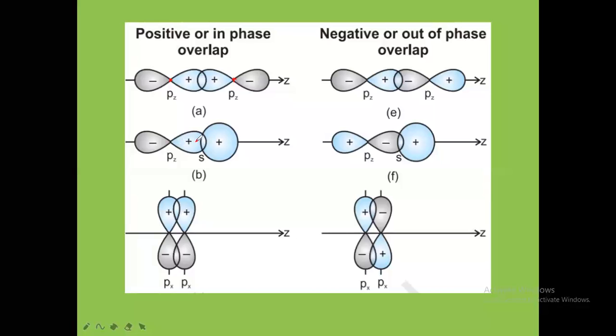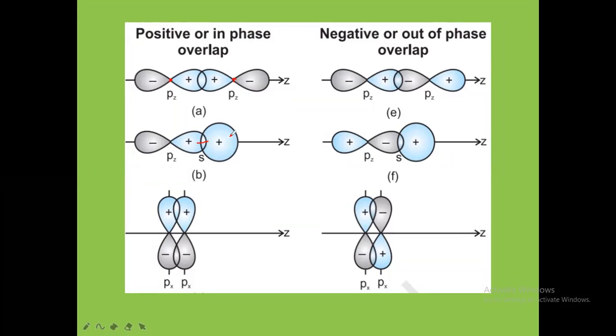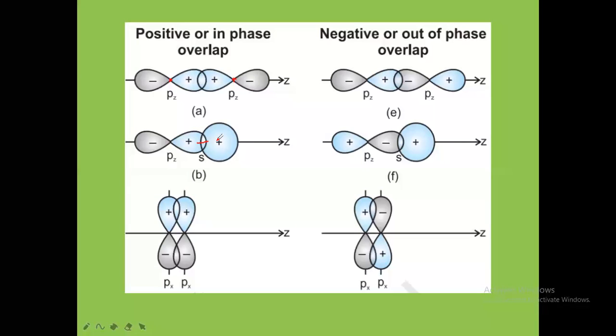Both are overlapping with each other. Therefore, we can take this as positive overlap. Positive overlap means the electron wave of the s orbital and the electron wave of the p orbital are both in the same phase. Same phase means crest falling on crest.